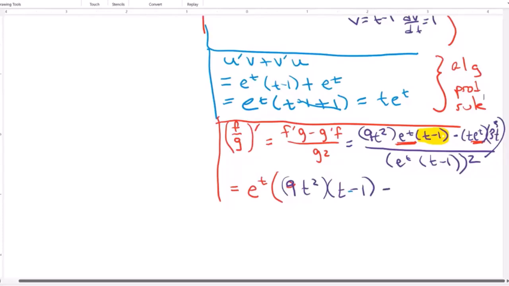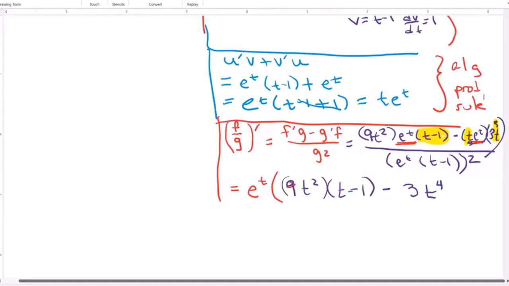And then minus, well, I already factored out my e to the t, so I have 3t to the 4th power. There's a t here, here's a t here, and here's 3 t's here.